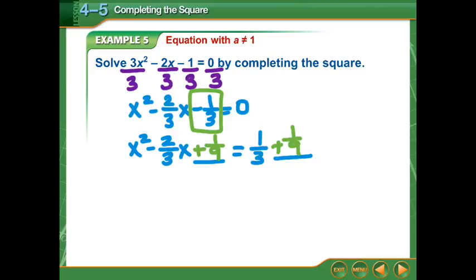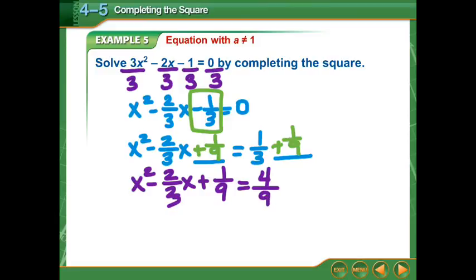Okay, so now this is x squared minus 2/3 x plus 1/9 equals, on the right-hand side, 1/9 plus 1/3. Remember to change it back to a fraction, don't put decimals. So this is going to be 4/9. Now we already completed the square.